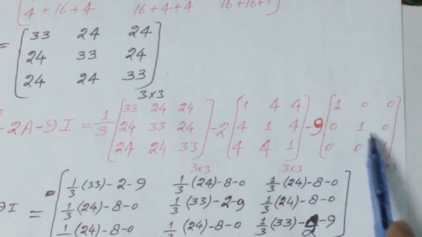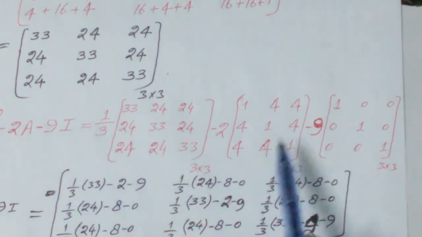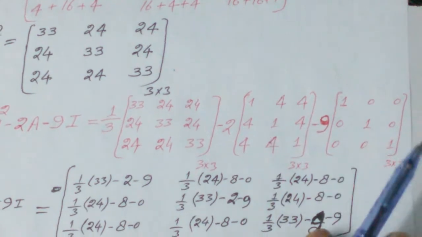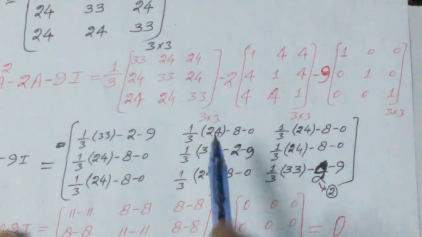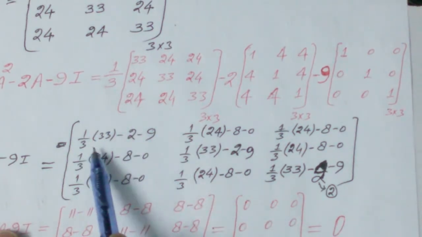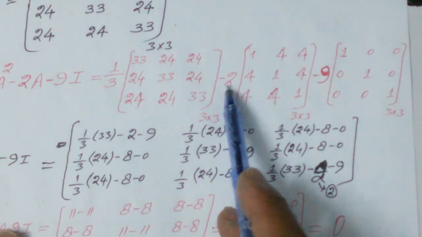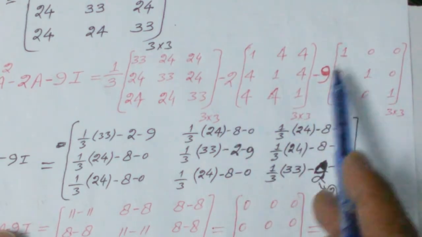This is a 3 cross 3 identity matrix, and we multiply it by 9. The procedure is: multiply each element of the first matrix by the scalar 1 over 3, each element of the second matrix by the scalar minus 2, and each element of the identity matrix by 9.